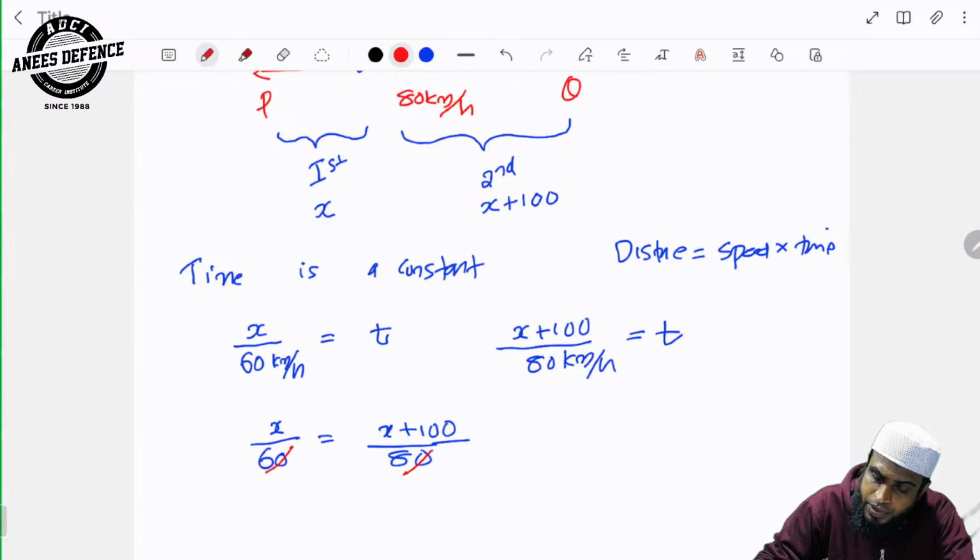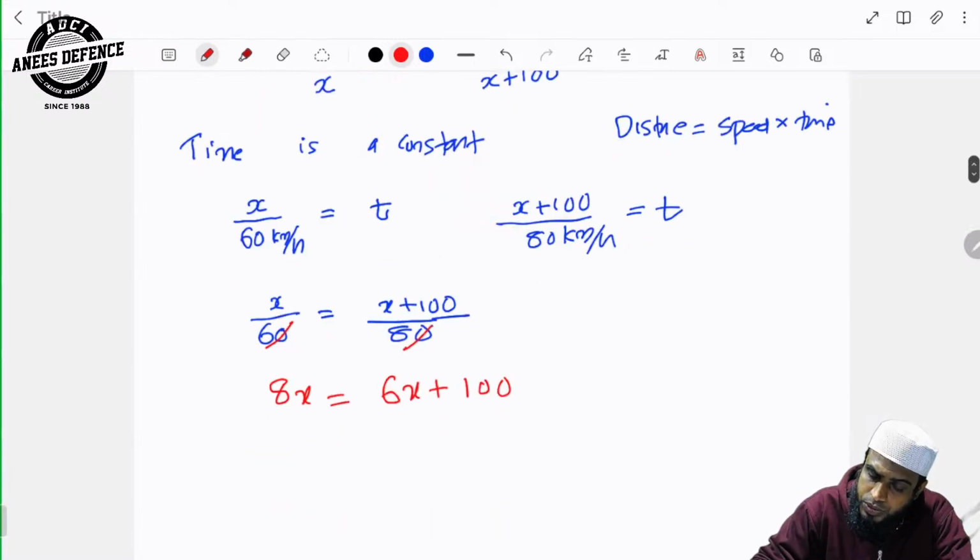So 8x equal to 6x plus 100. So 8x minus 6x, that will be 2x equal to 100. x is equal to 100 by 2, 50 kilometer.